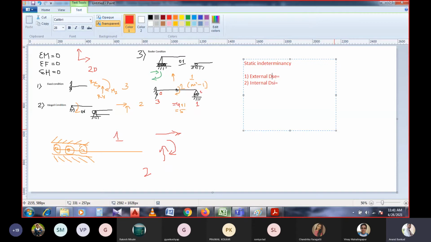The degrees of static indeterminacy externally and the degrees of static indeterminacy internally, right? So the degrees of static indeterminacy externally, when you calculate the reaction forces, that is reactions, would be considered for equilibrium conditions.